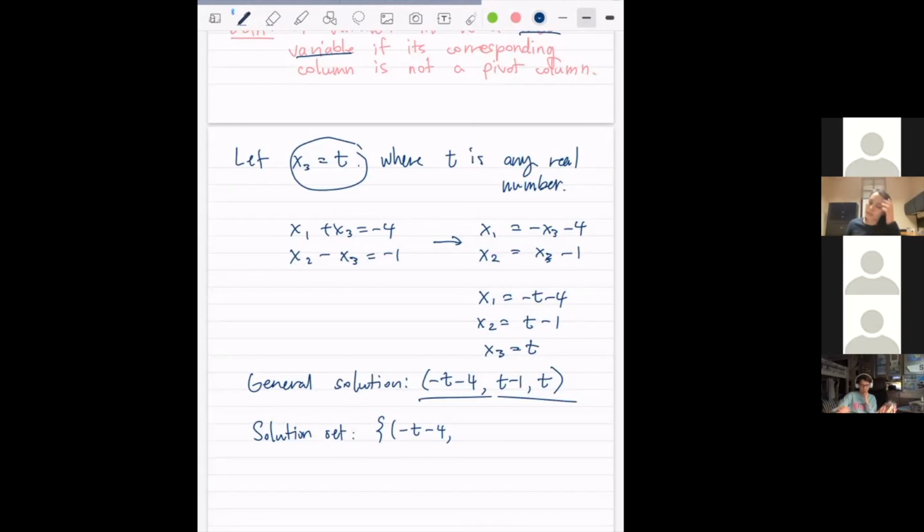You can also write down the solution set, and that would just be your general solution. So you would write these curly braces again, and then the vertical line. So this means points of this form such that t is a real number.